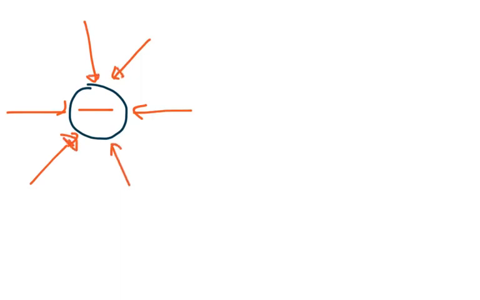Okay, and we have a very similar situation here. We have point B and we have a positive test charge at point A, and we want to move this from point A to point B. Okay, so we go in this direction.